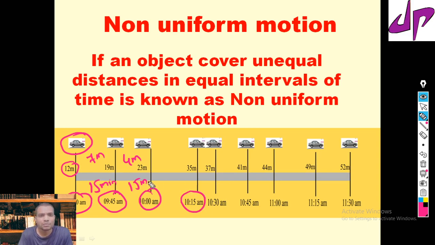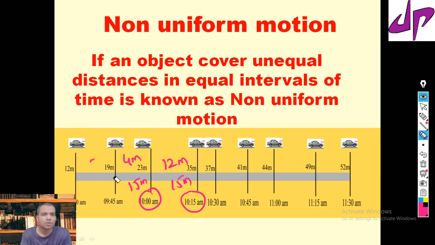And in the next 15 minutes it covered 12 meters. So in this case the time interval is the same, 15 minutes, but the distance covered by the car is different in each interval of time. So this kind of motion is known as non-uniform motion.